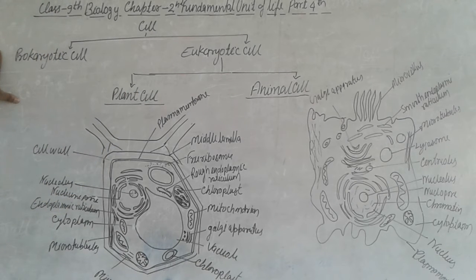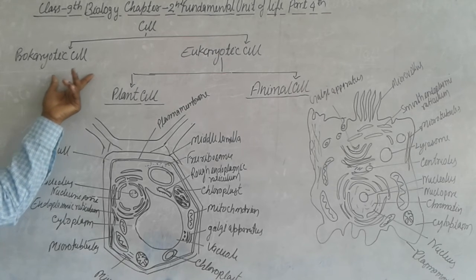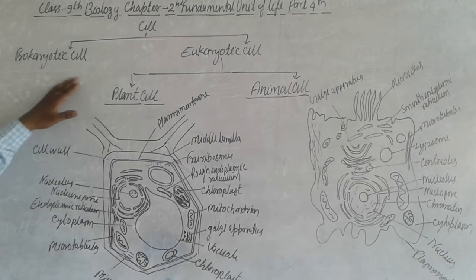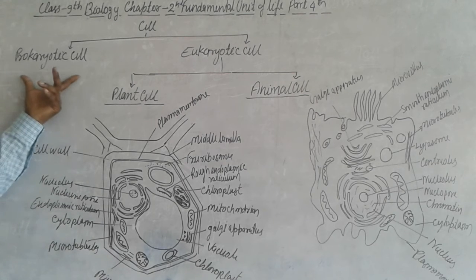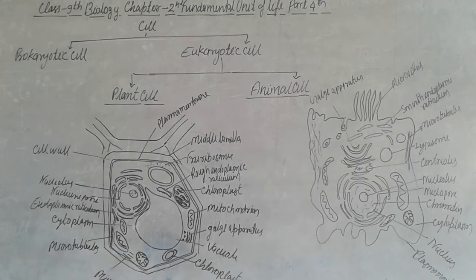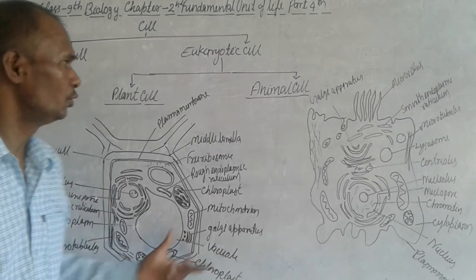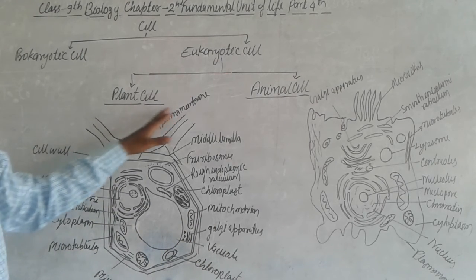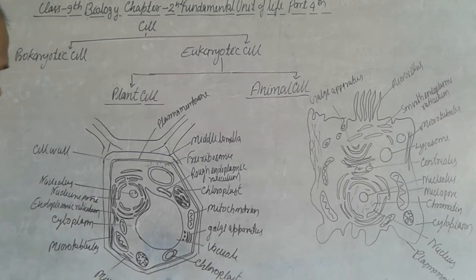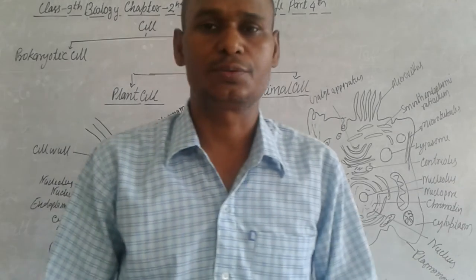Blue-green algae and bacterial cells form the prokaryotic cell, and the eukaryotic cell is divided into two cells, plant cell and animal cell. You can see this is the plant cell and this is the animal cell.